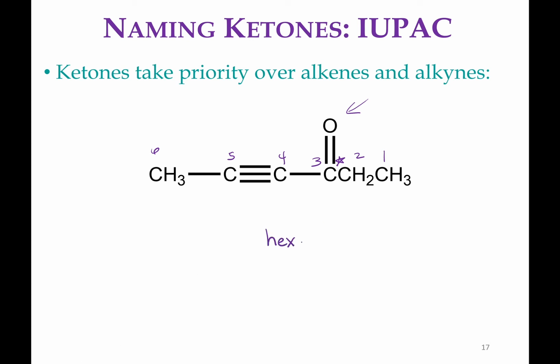It was hex-yne. And we have the -one at number 1, 2, 3. So hex-yne, 3-one. We have our alkyne at number 4. 4-hexyn-3-one. Alternatively, you can say hex-4-yn-3-one.